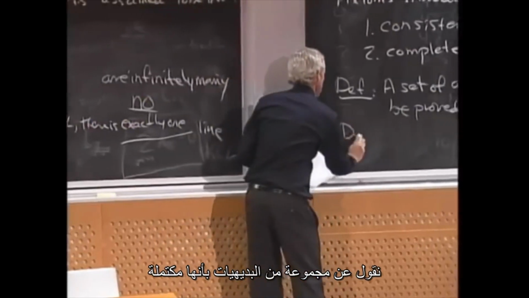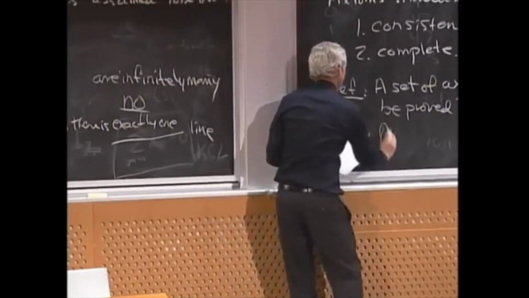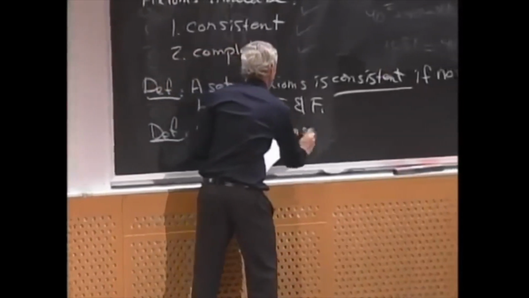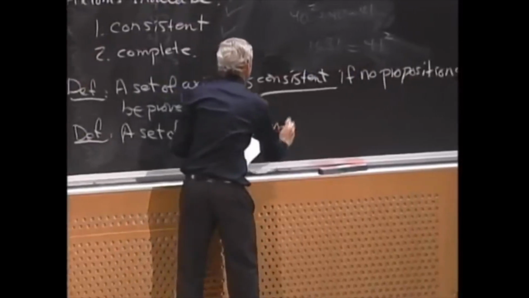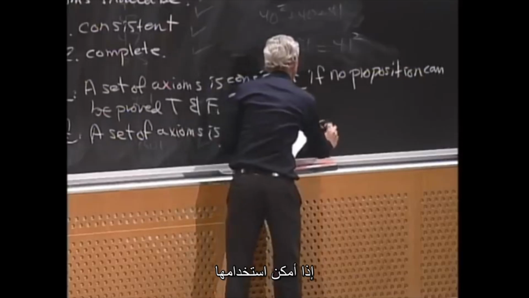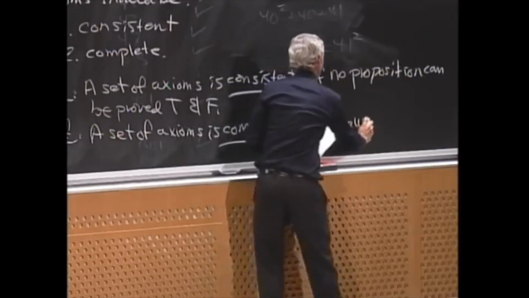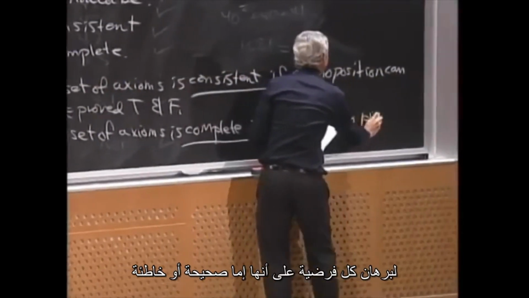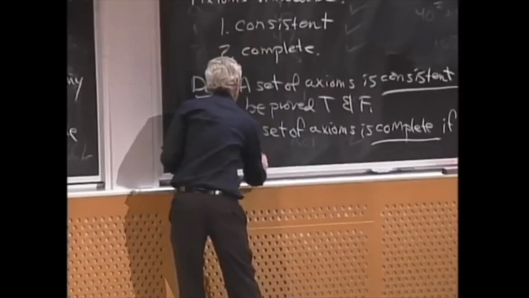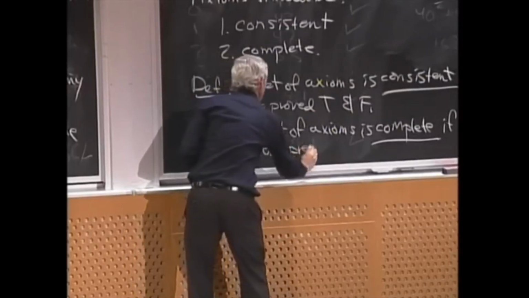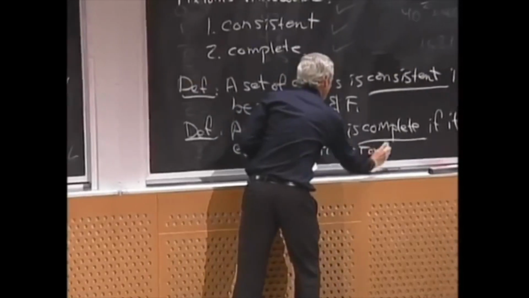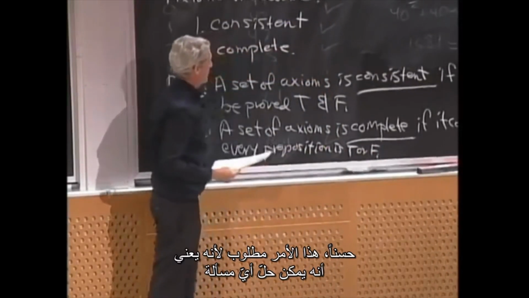A set of axioms is said to be complete if it can be used to prove every proposition is either true or false. All right?